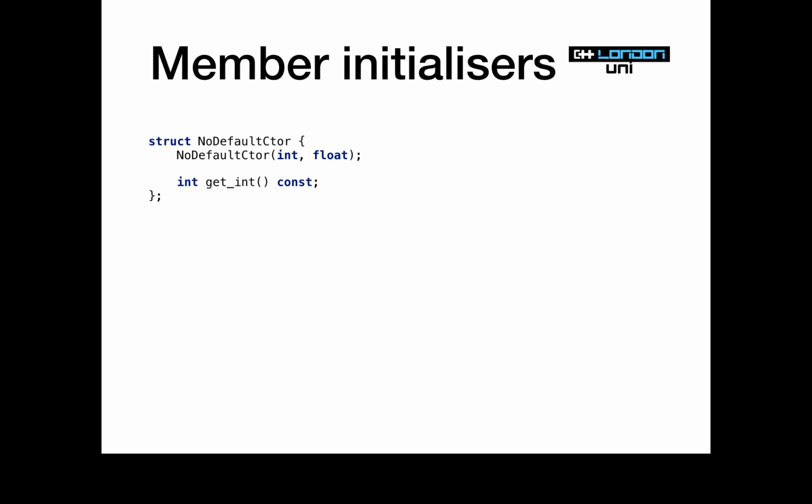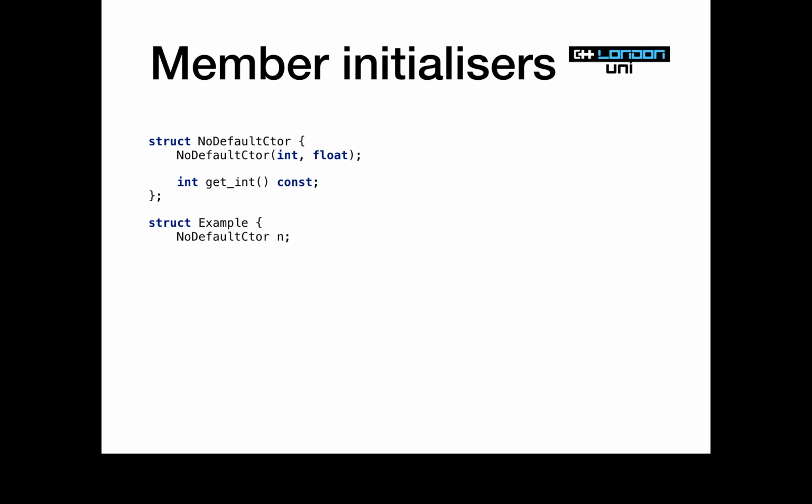So here I have a struct called no default constructor, just abbreviating it a little bit. And this has a constructor that takes an int and a float, and also a member function called getInt that'll turn out to be instructive in a minute.